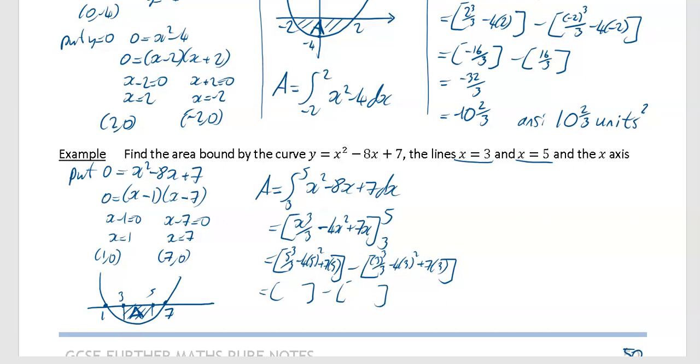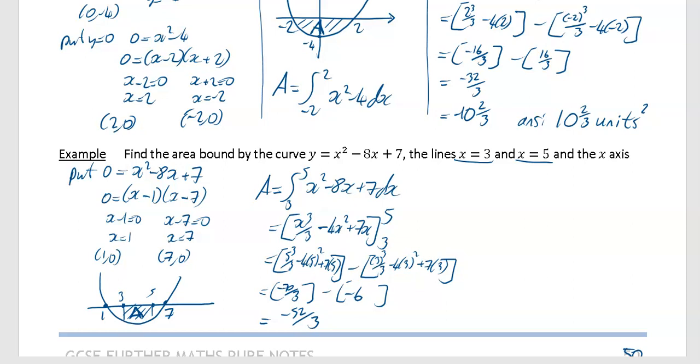The first square bracket works out to be minus 70 over 3, and the second bracket works out to be minus 6. And again, if I hit that into my calculator, I will get minus 52 over 3.